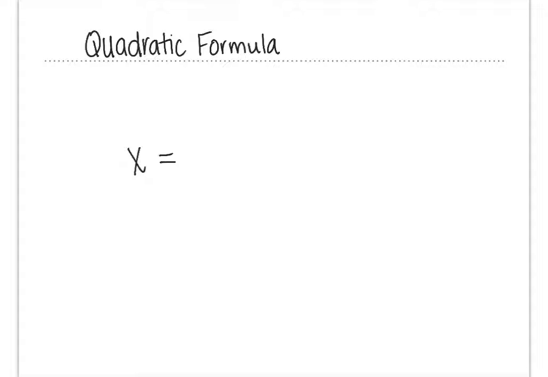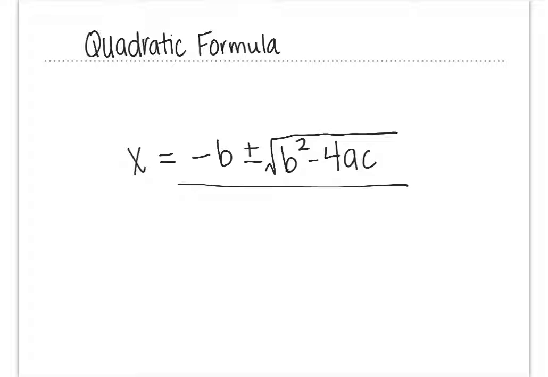When we say solutions, we mean the value of x that will make that equation true, and the solutions will be negative b plus or minus, you'll have two solutions, the square root of b squared minus 4ac all over 2a, where that a, b, and c came from our standard form, ax squared plus bx plus c equals 0.